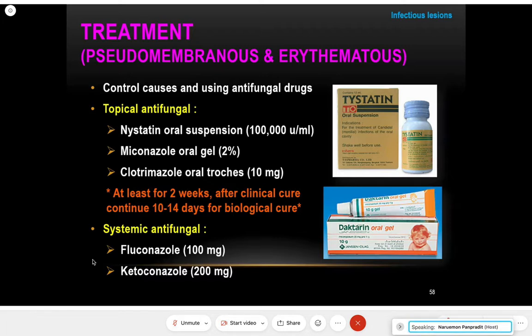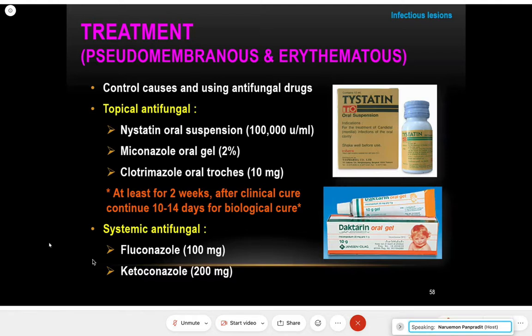Some patients need 1 month, some 2 months, 3 months. It depends on the status of the patient. After it is completely healed, like after 1 month for example, you continue for another 2 weeks for the biological cure. So this is the step for treatment with antifungal.